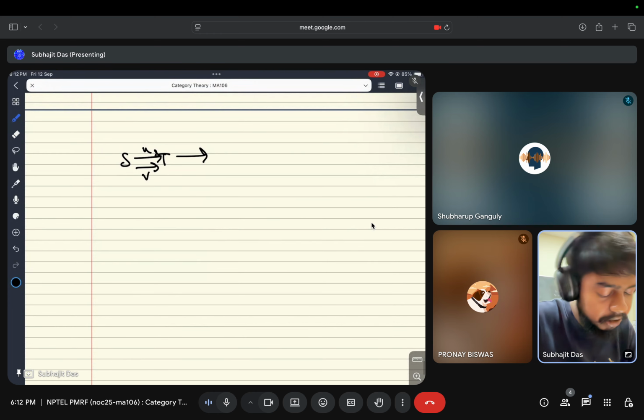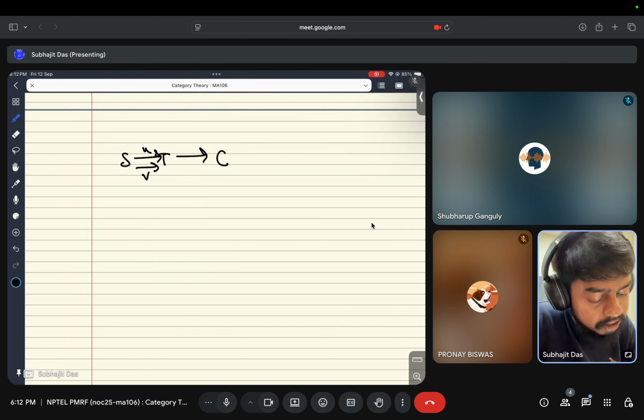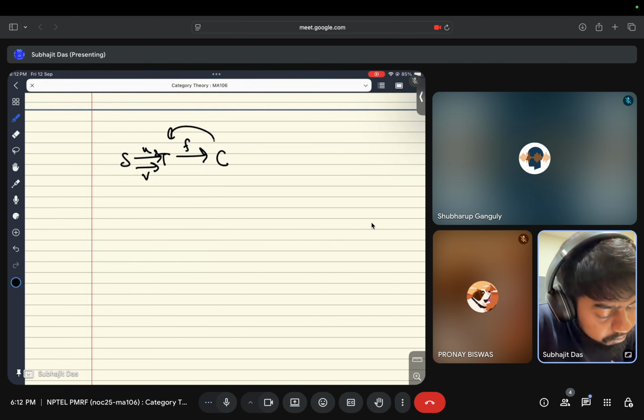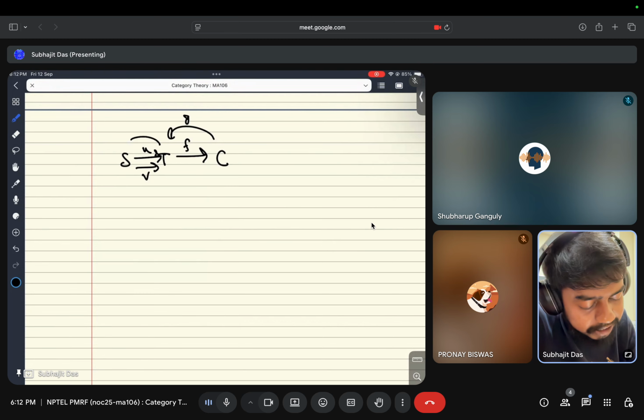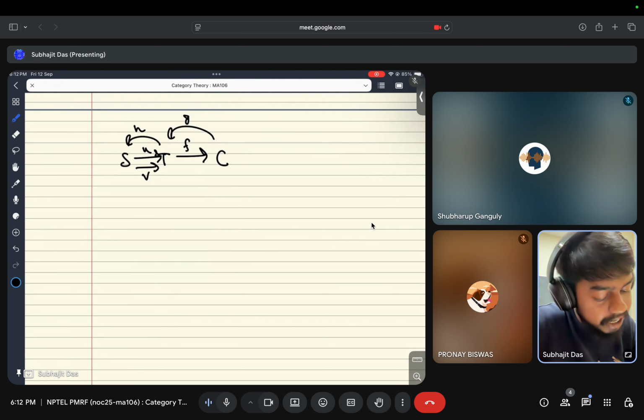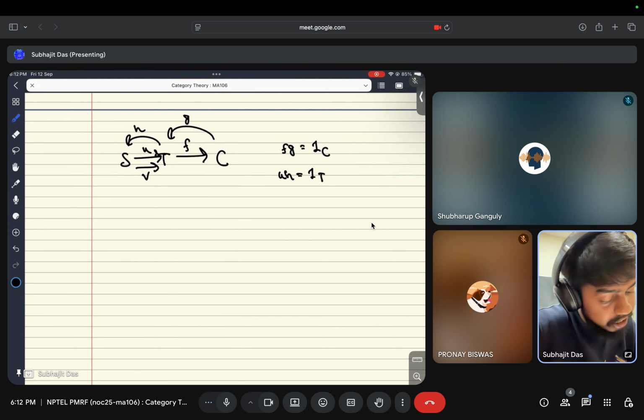A split co-equalizer by definition is some set C together with a function F, together with an arrow in the opposite direction, let's call it G, and an arrow H. Such that if G is 1C, then UH is 1T and VH is GF, right?